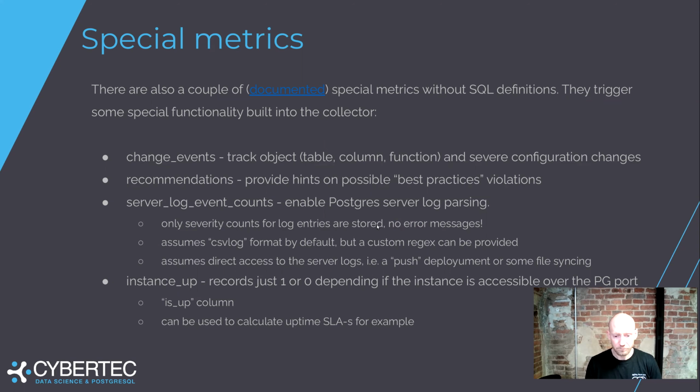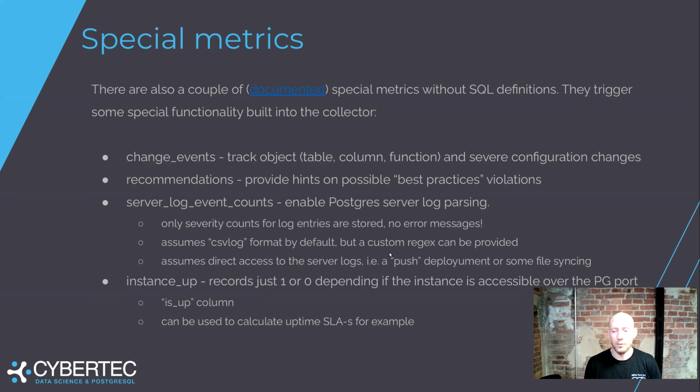And then there's a relatively new special metric called instance_up. With the normal metrics, when the database is down, you do not get anything in the metrics database. You will just get some errors in the server log. But if there is no data, there can be many reasons why.